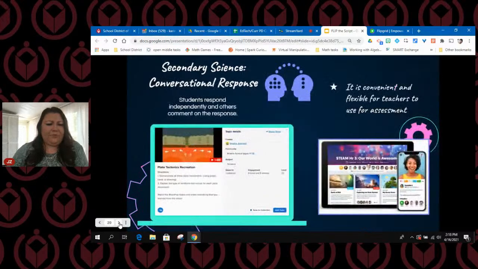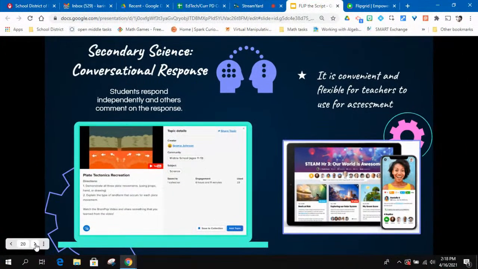And then our third type of response would be our conversational response. Again, this is for plate tectonics, which would be middle school content. What I love about this is that students respond to the prompt, but they can work together as a team, recording themselves demonstrating the movements of plate tectonics.